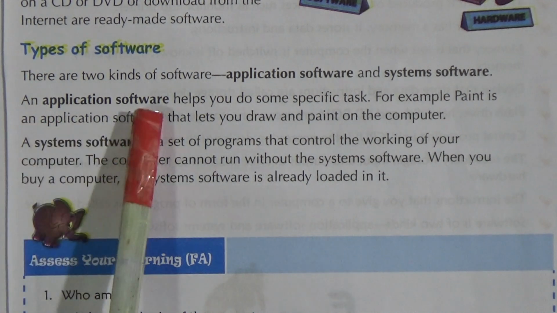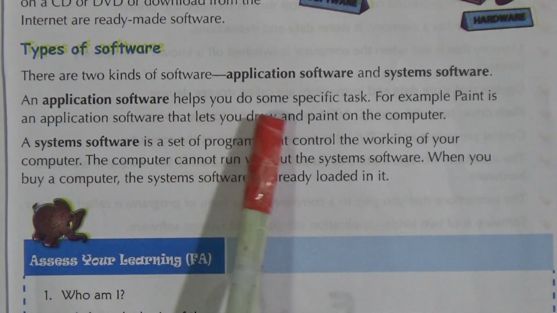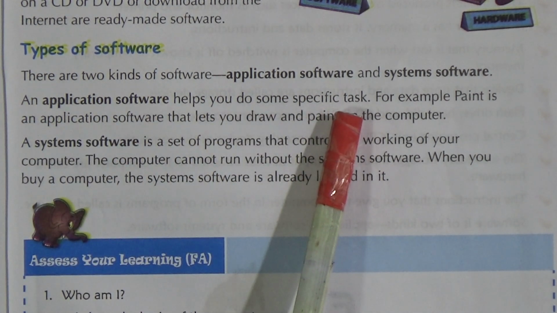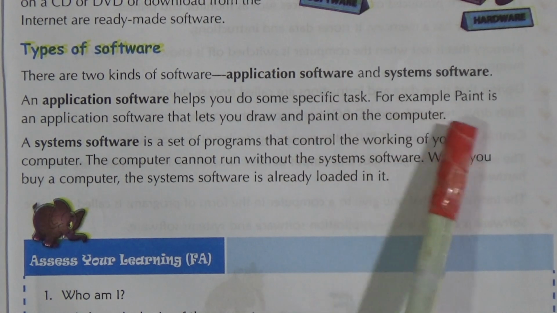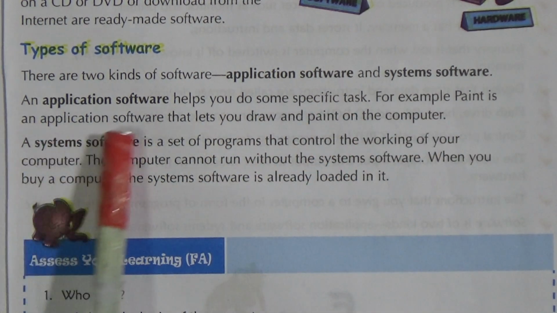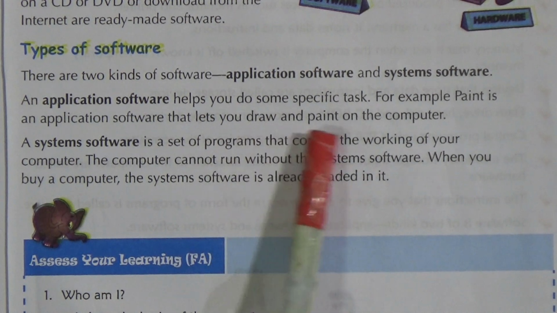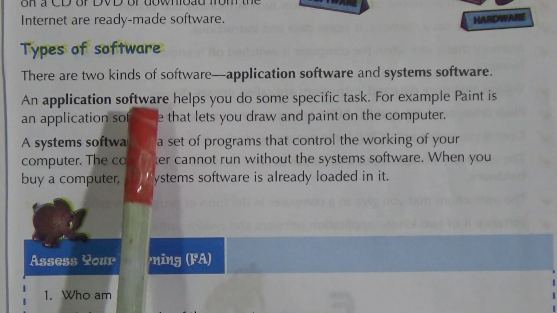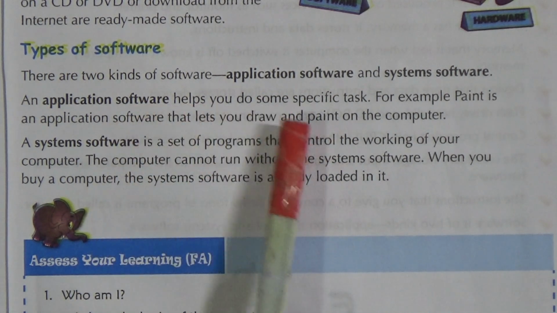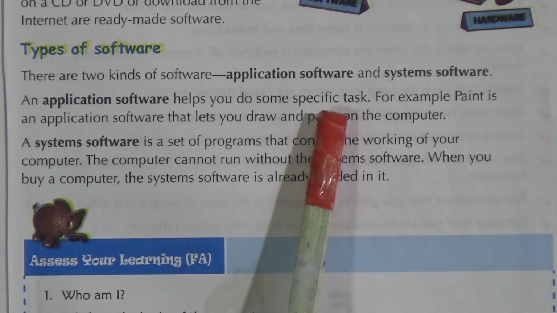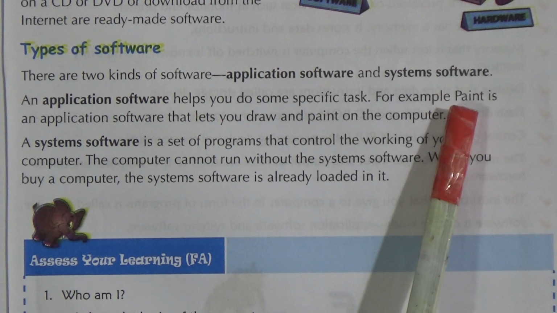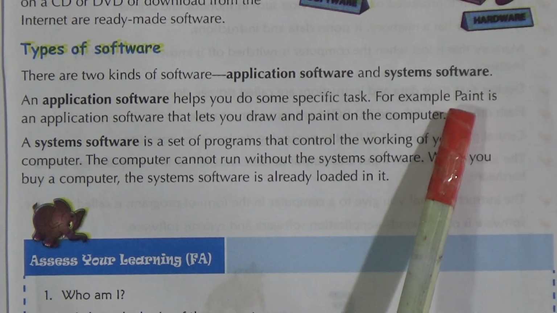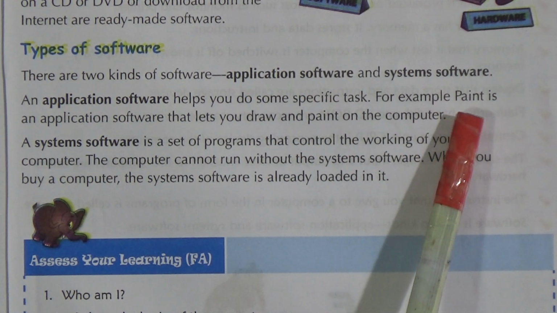An application software helps you do some specific task. For example, Paint is an application software that lets you draw and paint on the computer. So application software lets you do specific tasks, like Paint lets you paint. You can draw and color in the Paint application software.